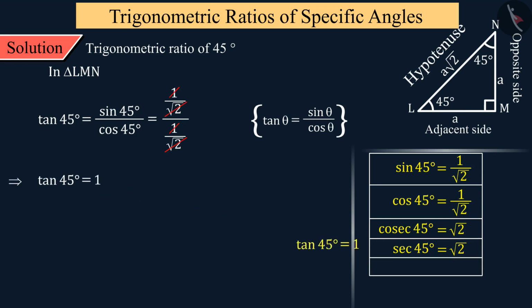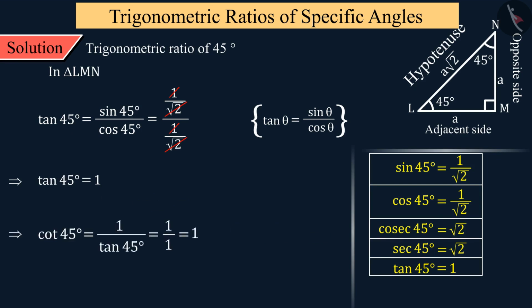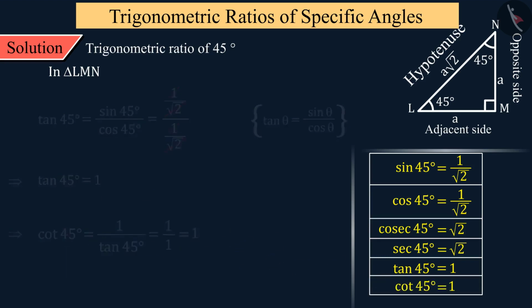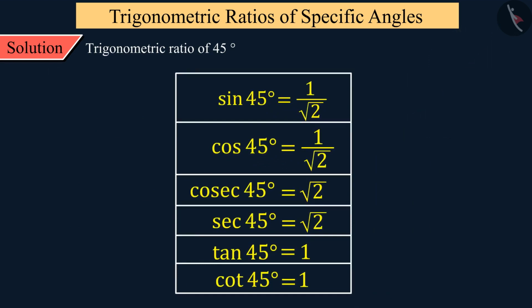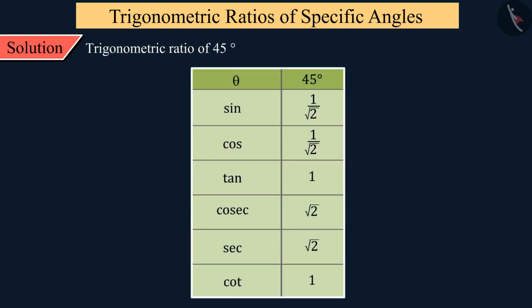Therefore, we can say that its inverse, that is, the value of cot 45 degrees, will also be obtained as 1. Let us show trigonometric ratios of 45-degree angles in a table.